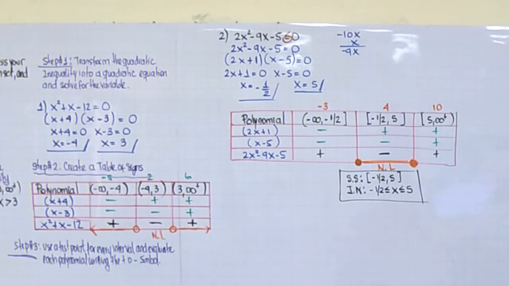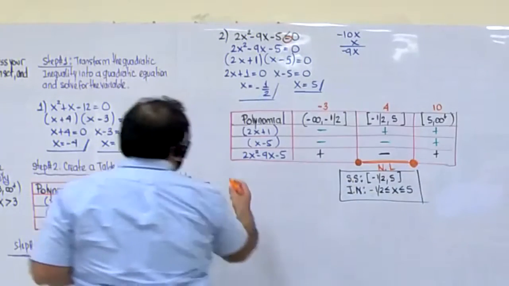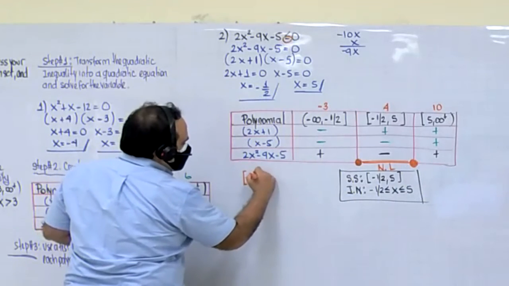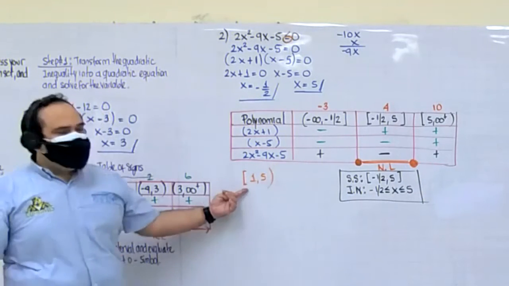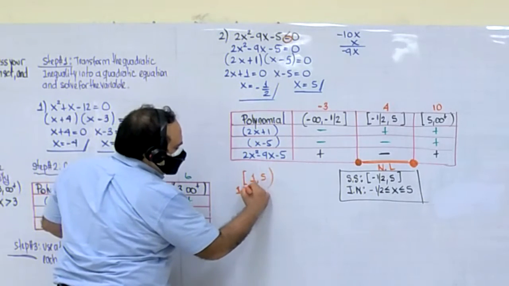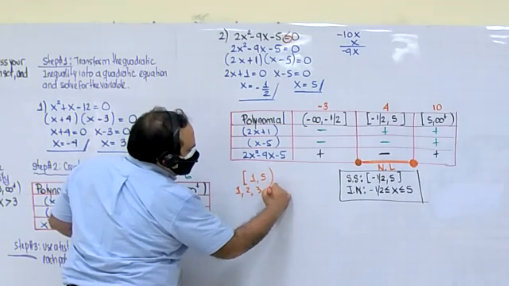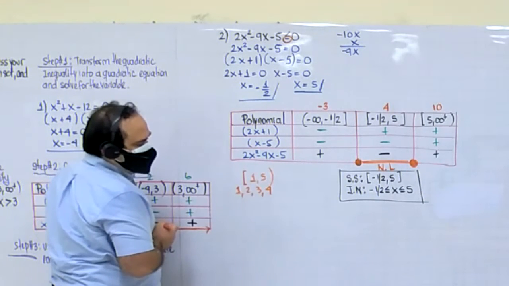For example, if I give you this command, count the numbers between 1 until 5, with a parenthesis at 1 and a parenthesis at 5, that means you're going to count the numbers 2, 3, and 4. And that's it. You're not including the number 5.